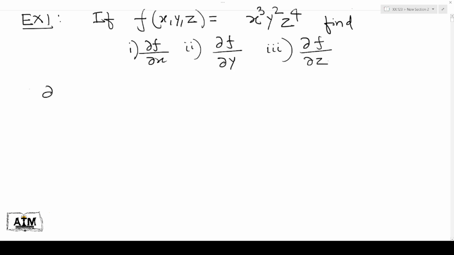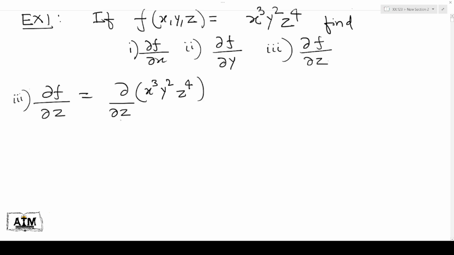Now, to find the partial derivative of f with respect to z, equals the partial differentiation of x cube y square z raised to 4 with respect to z. While doing it with respect to z, other variables are treated as constant.